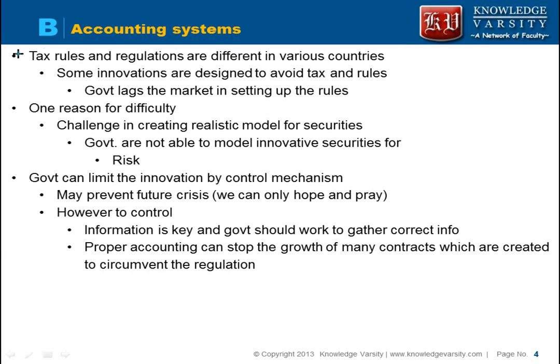Then, tax rules and regulations are different in different countries. Some innovations are designed to avoid tax and rules. There are some financial innovations which are designed just to avoid these taxes and rules. So government lags the market in setting up the rules. It is not as active as the market, right?